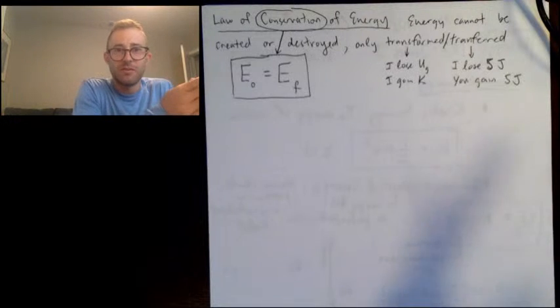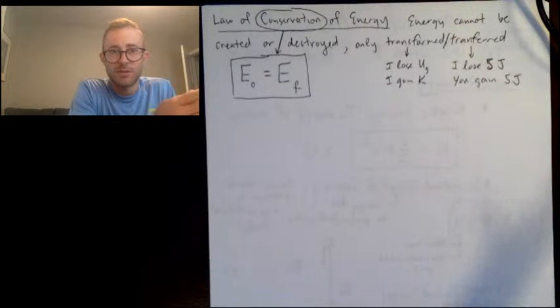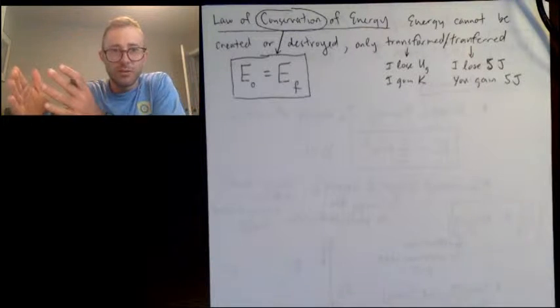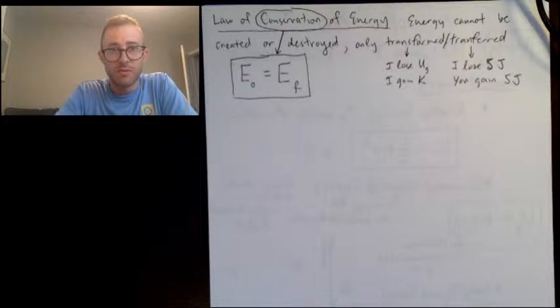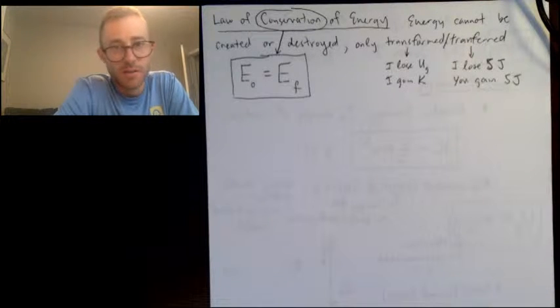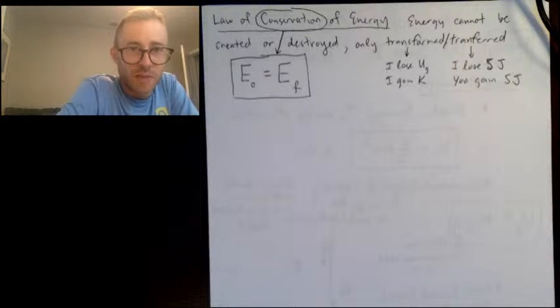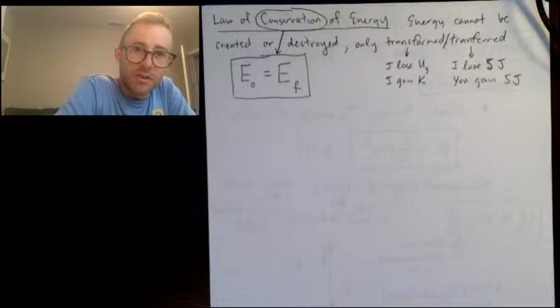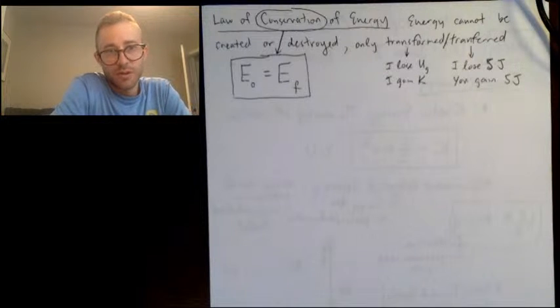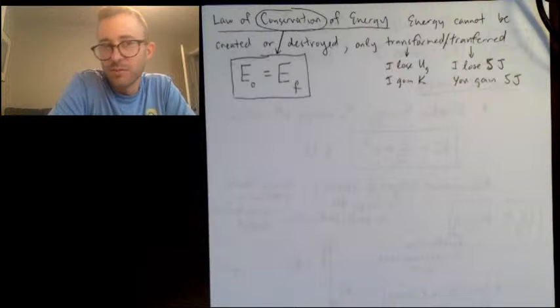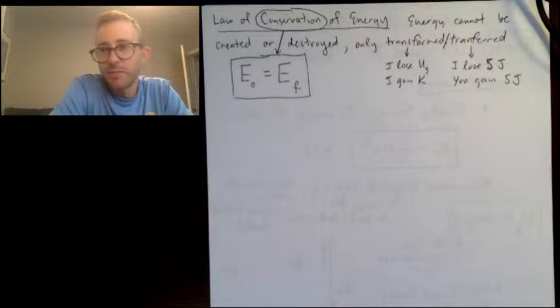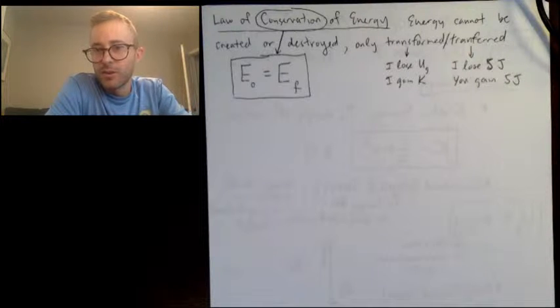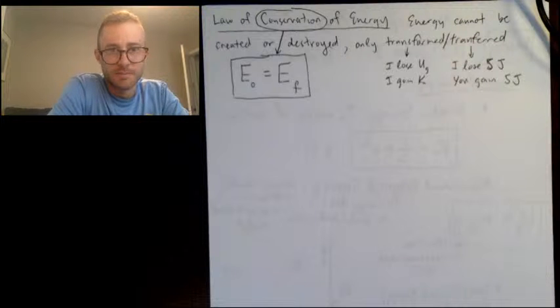The mass of the reactants of a chemical reaction has to be equal to the mass of the products of the chemical reaction. Okay? That's the law of conservation of mass. There's also a law of conservation of charge. The amount of electric charge that you start out with has to be equal to the amount of electric charge that you end up with. Okay? So those are some ones that you might have heard of in your chemistry class.